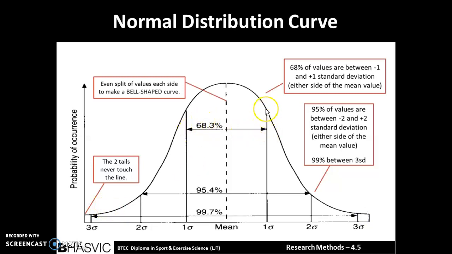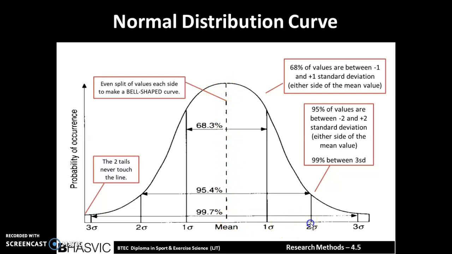In between this line here and this line here would be 68.3% of the values either side of the mean.